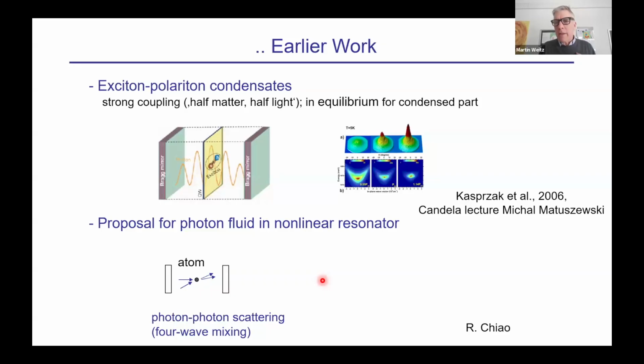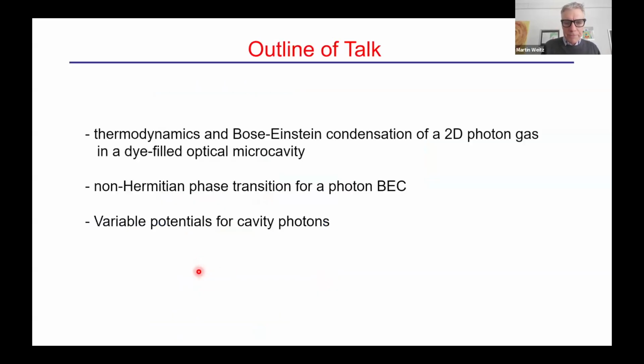Of course, in free space, in vacuum, the cross-section for that is basically zero. So his idea was to put in an atomic gas to enhance this probability. The cross-section, nevertheless, was too low to obtain thermalization, but I still think that this is a very nice proposal.